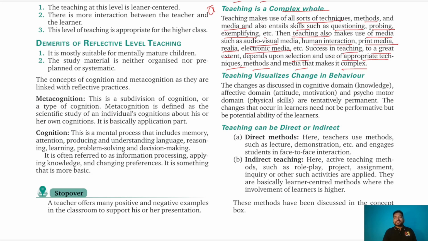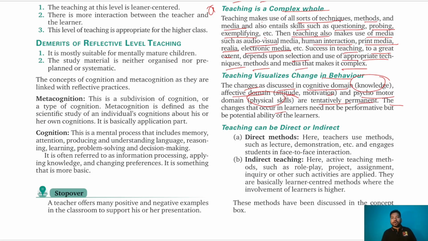Teaching visualizes change in behavior. How? The changes are discussed in the cognitive domain, that means knowledge, then the affective domain, attitude and motivation, and the psychomotor domain, that means physical skill, and these are tentatively permanent.